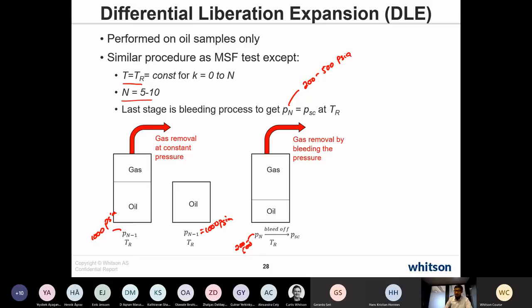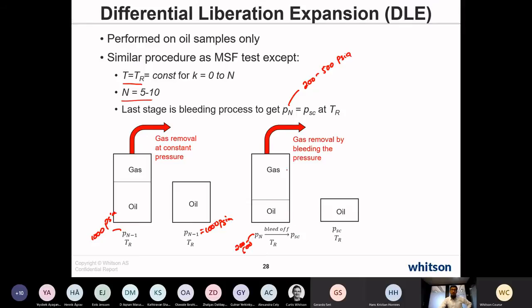The bleeding process is: you reach the maximum cell volume, and then you open the bleeding valve of the PVT cell and continuously remove the gas volume until you reach that standard pressure, because you cannot go higher than the maximum cell volume, given the large amount of gas that you will end up getting at the standard pressure.